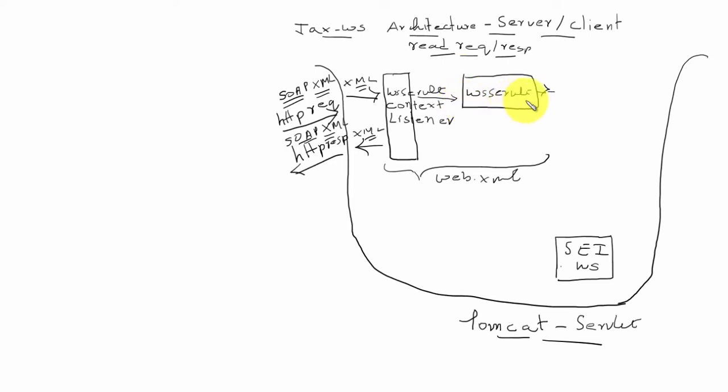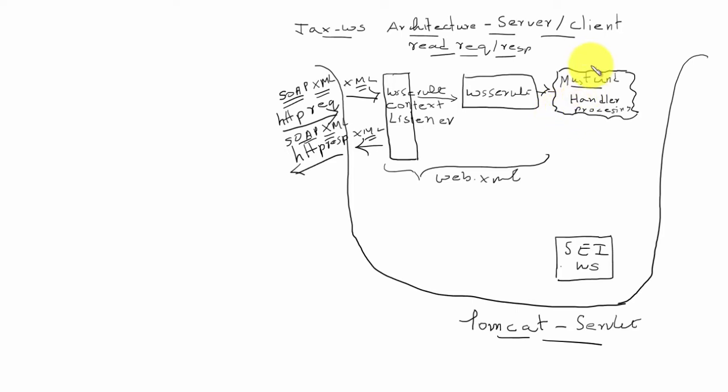Once the request passes through the WS servlet, it will go for something called must understand processing or handler processing.